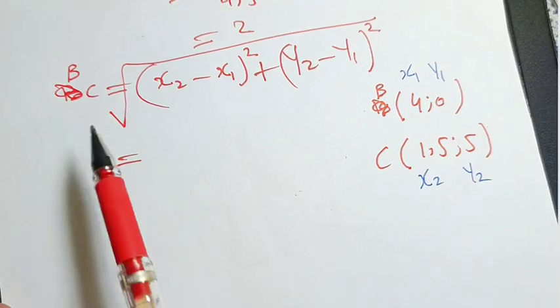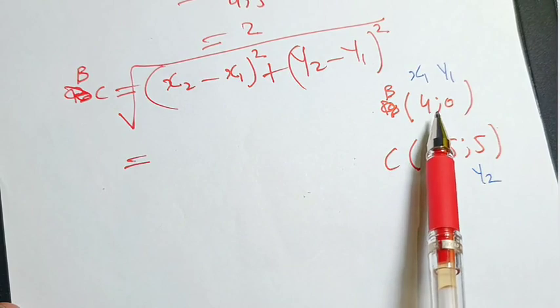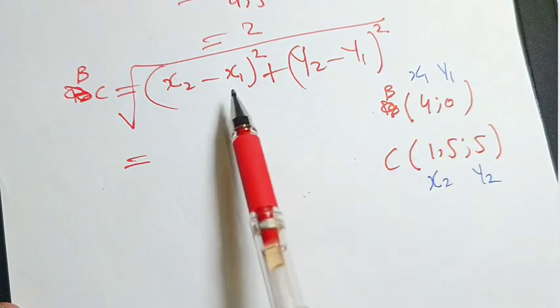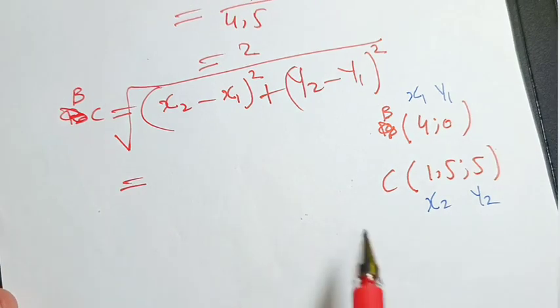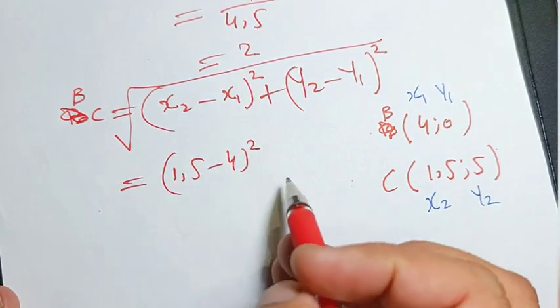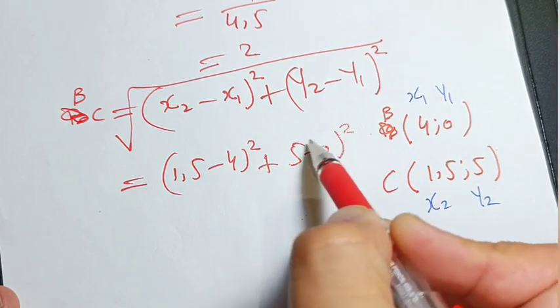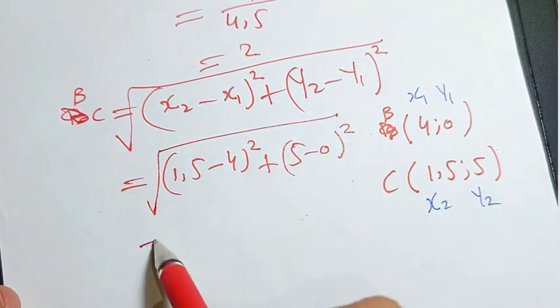So the length of BC, sorry, not DC, BC. B and C, these are the coordinates, and x1, y1, x2, y2. I'm going to plug into this formula to find BC: x2 minus x1, so 1.5 minus 4 squared, plus y2, 5 minus 0 squared, and square root.